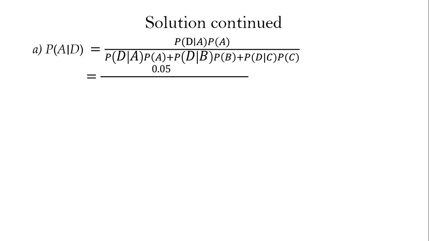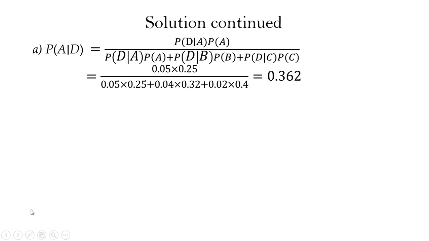And if that is true, we can put in the figures. Nothing of much work to do here. The figures are quite obvious, especially the fact that we have interpreted it already. The probability of D given A is 5%, and the probability of A is 0.25. The probability of machine A making a defective bolt is 5%, that of machine B is 4%, and that of machine C is 2%.